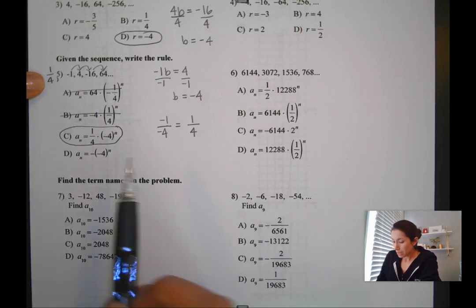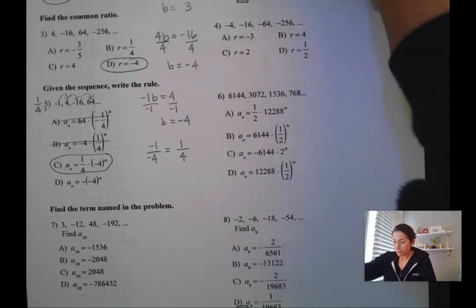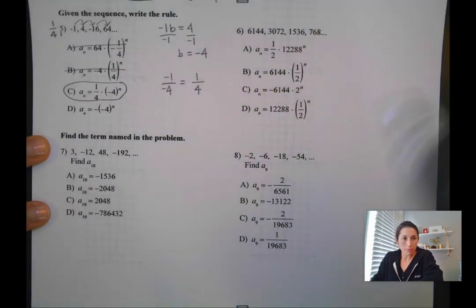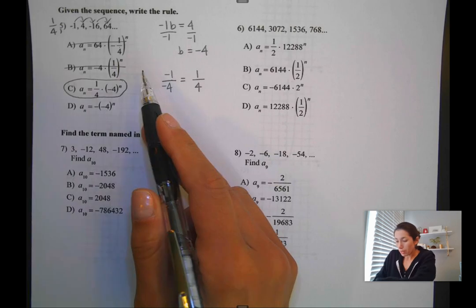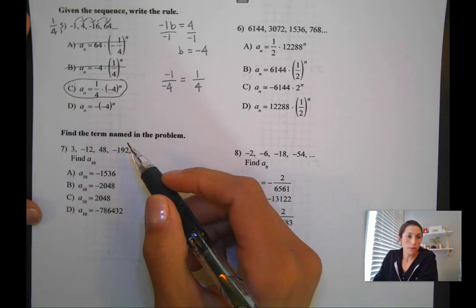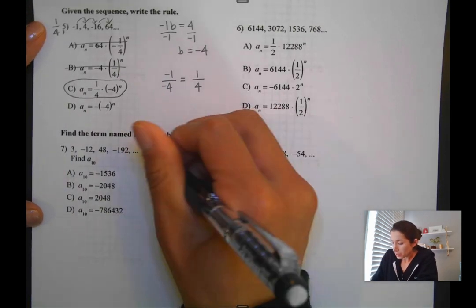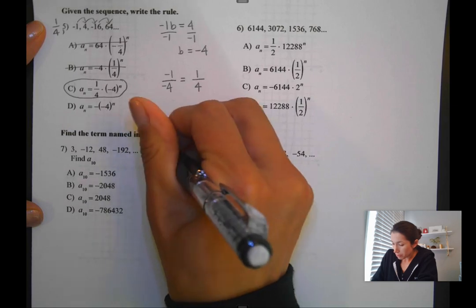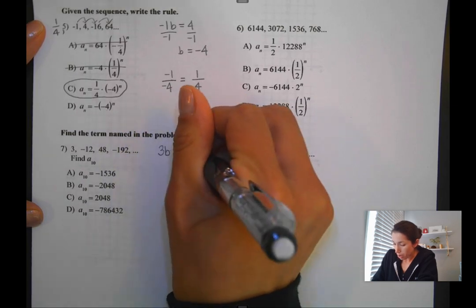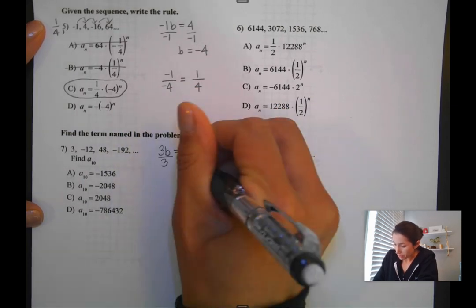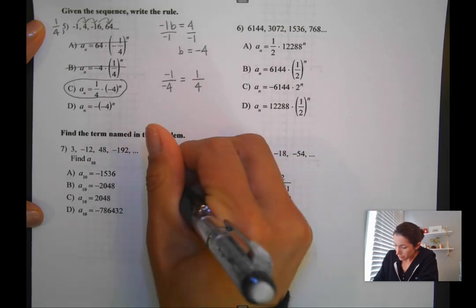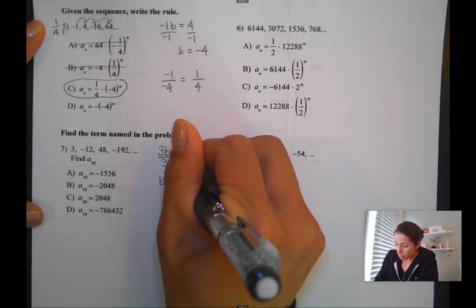Okay, great. Question number 7, we're going to do the same thing that we just did here, but we are then going to find what our 10th term in that sequence would be. So first step, 3 multiplied with what is equal to -12. Can divide by 3 on both sides. So that gives us a common ratio here of -4.